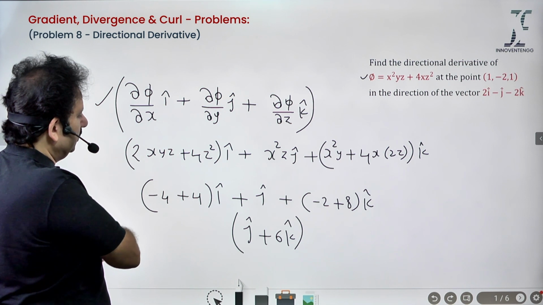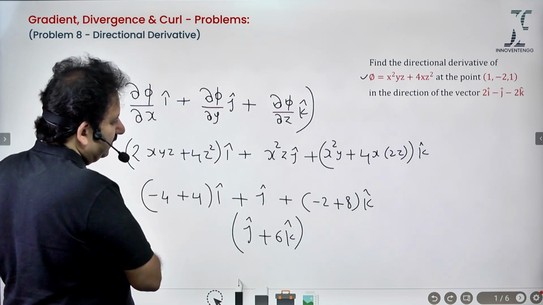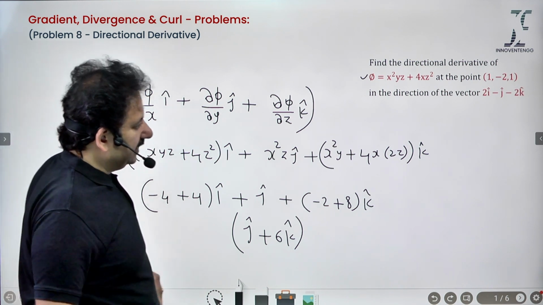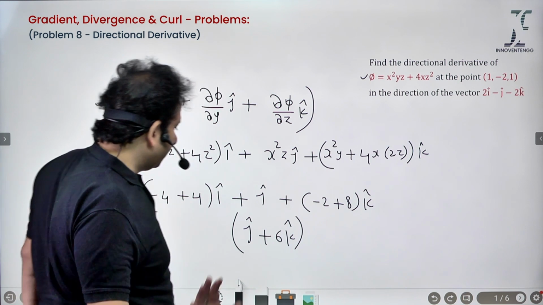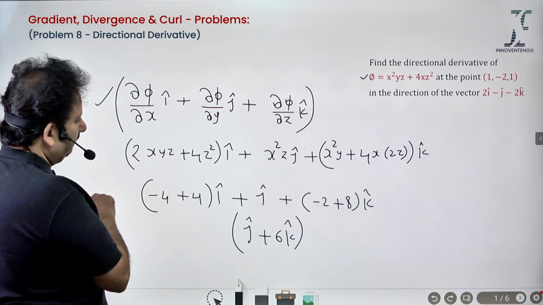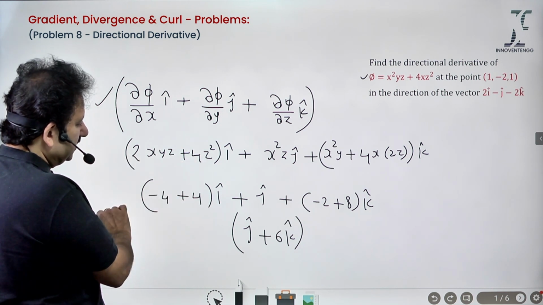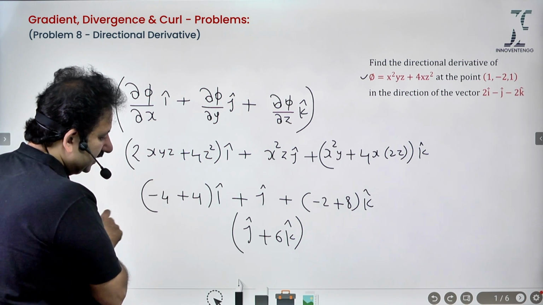First differentiate with respect to x, then with respect to y, then with respect to z, and then evaluate at the given point. Once you find the gradient, that is, partially differentiate with respect to x, y, z, substitute the values and numerically get the value.